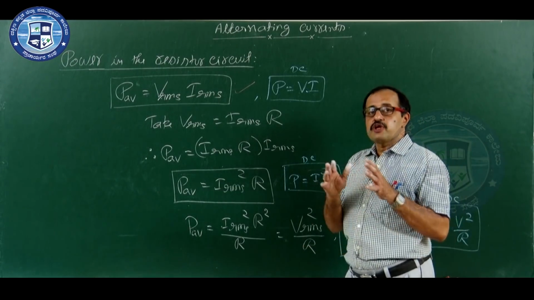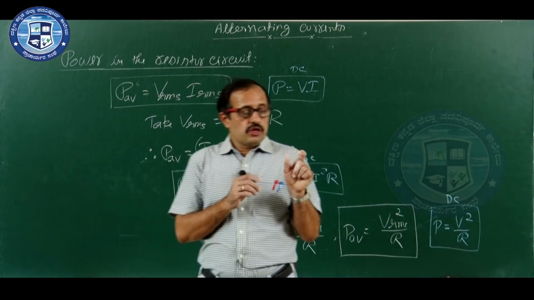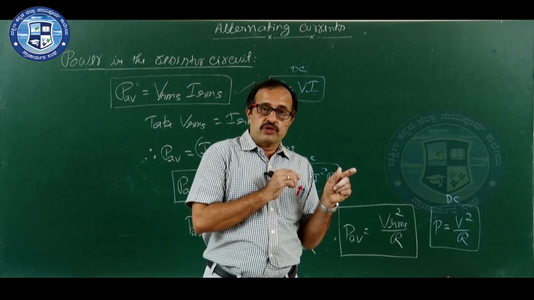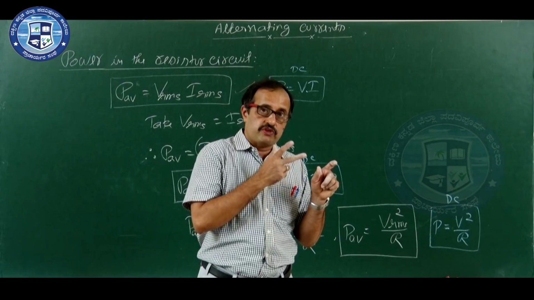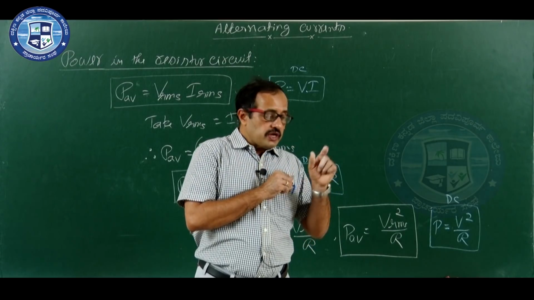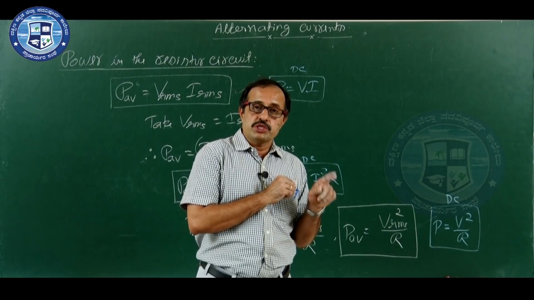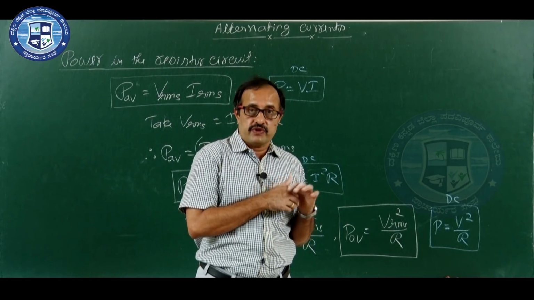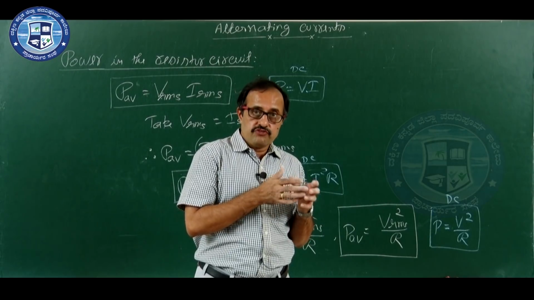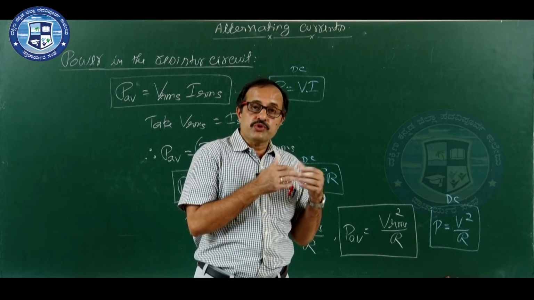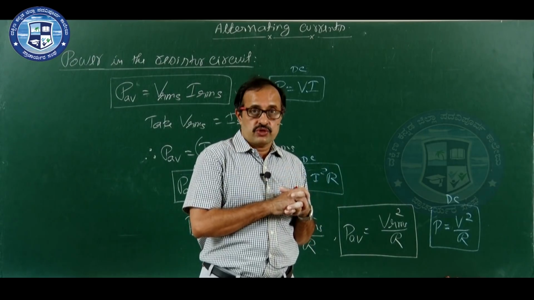And moreover, an interesting point, if you take a pure resistor and connect it to a DC circuit, it consumes energy and produces heating effect. You connect the resistor to the AC circuit, in the AC circuit also it consumes energy and produces heating effect. Therefore, DC or AC, both of them produce heating effect in the case of resistor circuit.